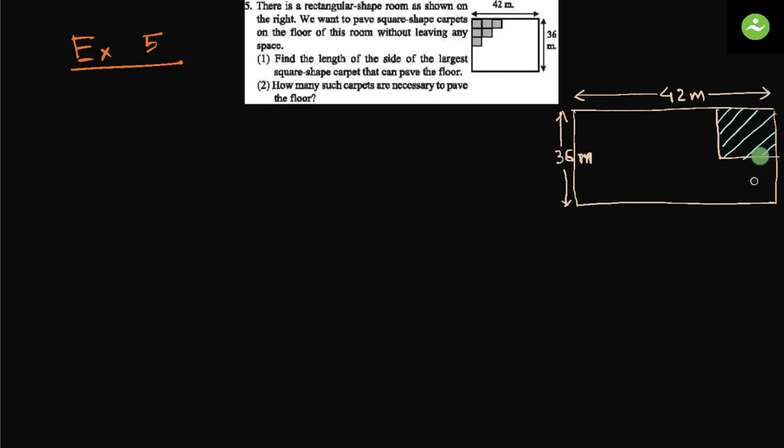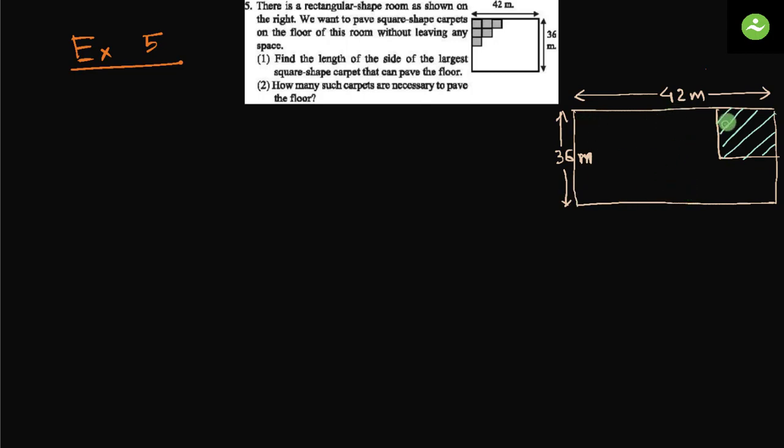They said just the length of the largest carpet. That means you may need 5, you may need 500, you may need 100, doesn't matter. But you have to find the biggest square that you can use to cover the floor.